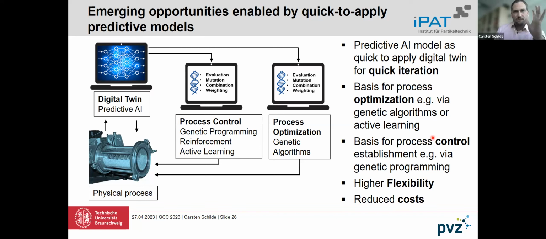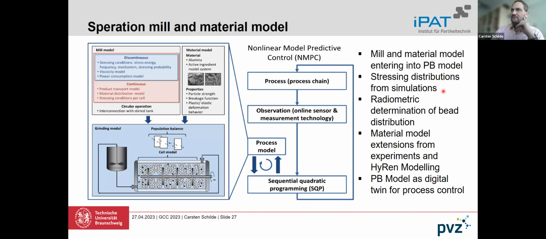And one thing that could be done, not easily, but is part of a project in our institute, is to use this population balance model here on the left side, which I've shown before, and put it in a nonlinear model predictive control, which is just the workflow of how it works at the end.